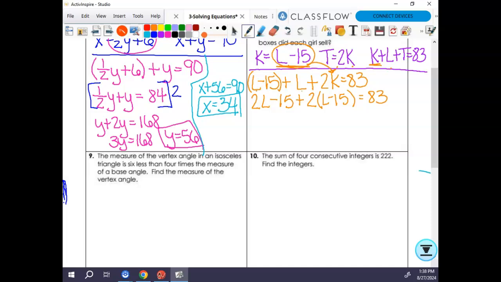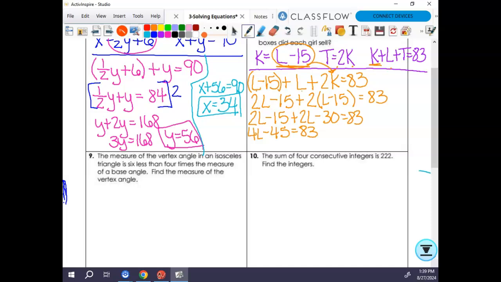So I can go ahead and distribute this and then simplify everything else. So 2L minus 15 plus 2L minus 30 equals 83. So that means I get 4L minus 45 equals 83. Everybody with me on that?